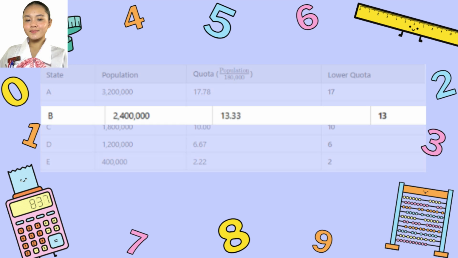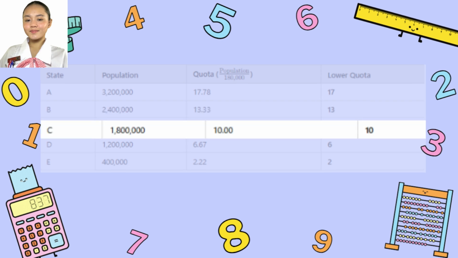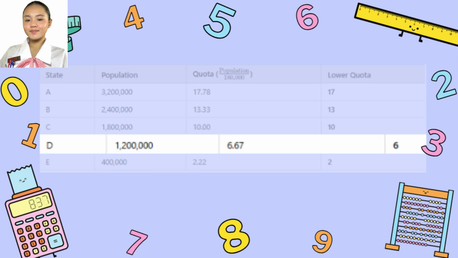State B, population is 2,400,000. Quota is 13.33. Lower quota is 13. State C, population is 1,800,000. Quota is 10.00. Lower quota is 10. State D, population is 1,200,000. Quota is 6.67.